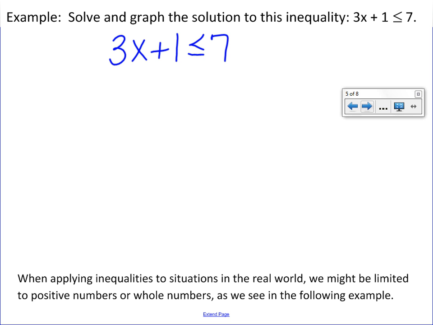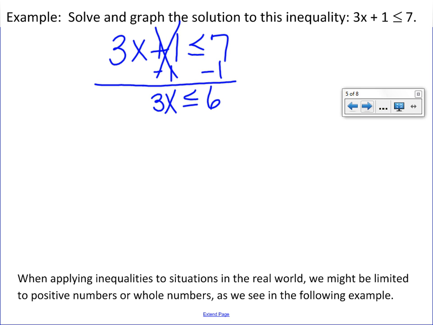So, the variable is on the left-hand side, my x, and I have 3x plus 1. That's what's on the left-hand side. The farthest thing away from my x is 1. Right now it's being added, so I want to do the opposite. I'm going to subtract 1, and what I do to one side, I must do to the other. Those will cancel. I'm left with 3x on the left side. Bring my sign straight down, and I have 7 minus 1 is 6.